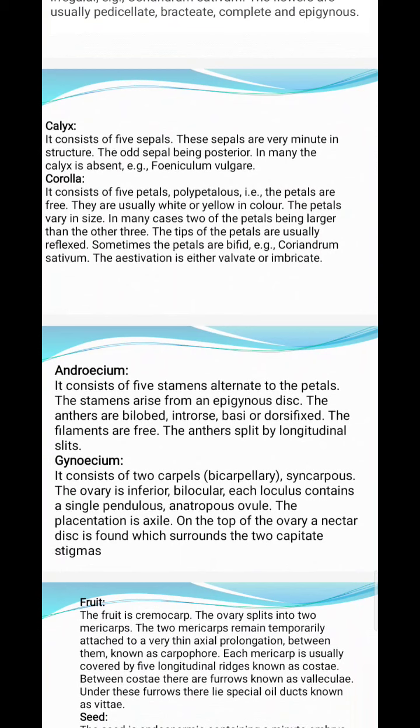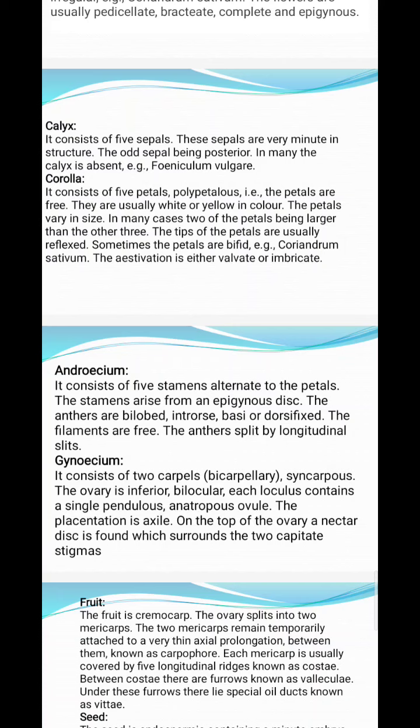Next is regarding the calyx, which is 5 sepals. These sepals are very minute in structure, with the odd sepal being on the posterior side. Regarding the corolla, the corolla consists of 5 petals, that is polypetalous, and these petals are free, and they are usually white or yellow in color, and they vary in size.